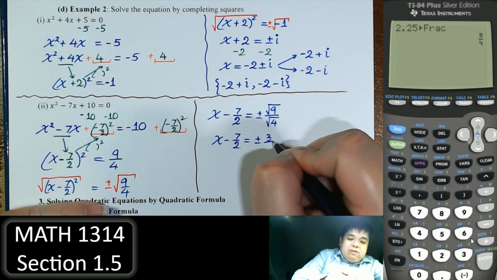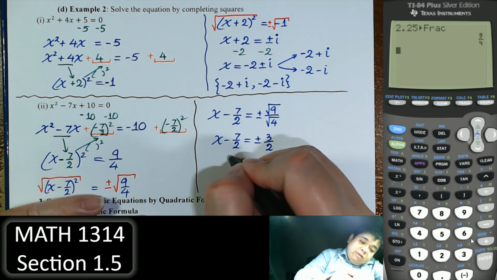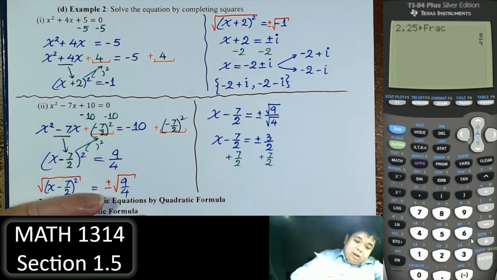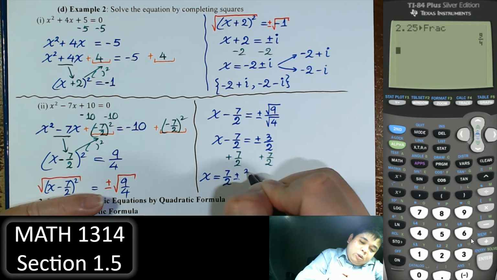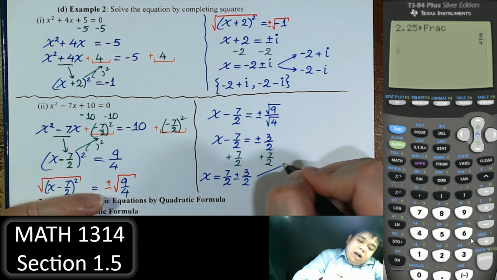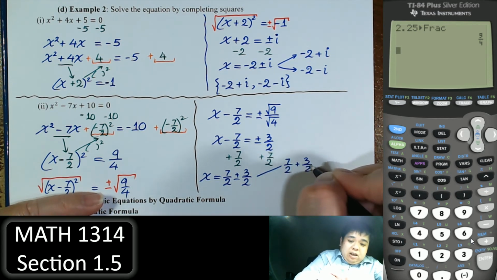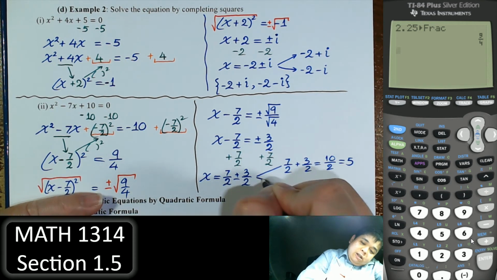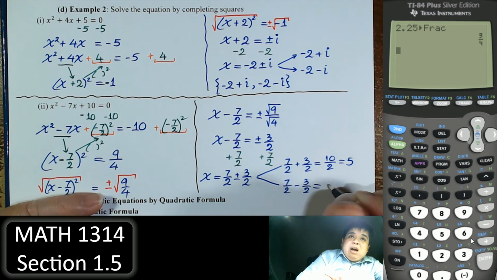We have 3/2. Square root of 9 is 3, square root of 4 is 2. And finally, we can add 7/2 on both sides. So x equals 7/2 plus or minus 3/2. So we might have the plus case: 7 plus 3, combine the top, we have 10 over 2, which is 5. And the minus case: 7 minus 3 is 4 over 2, which is 2.